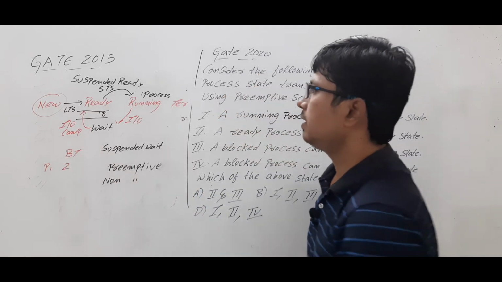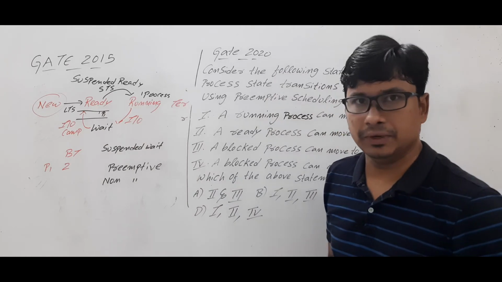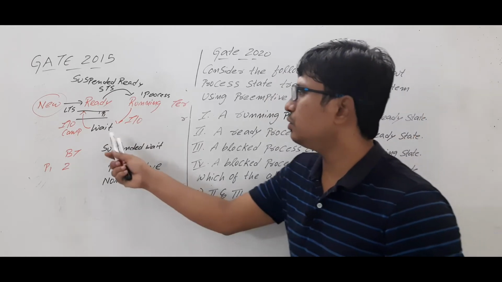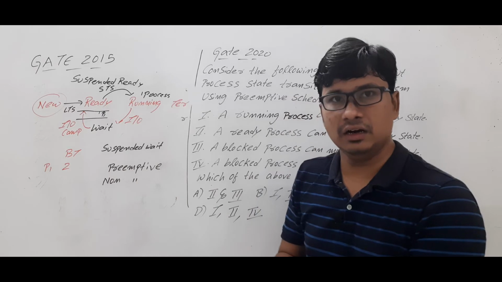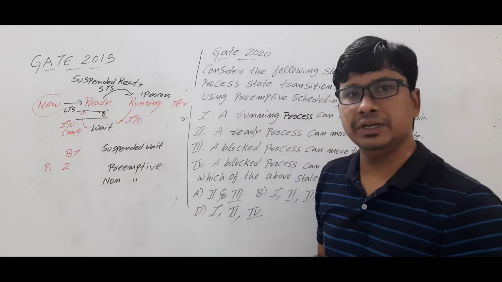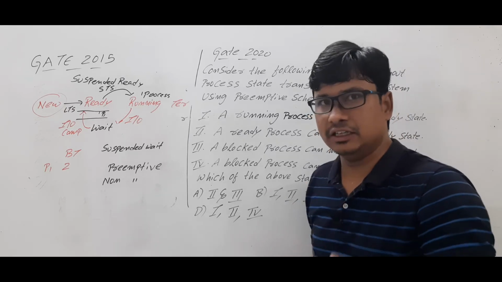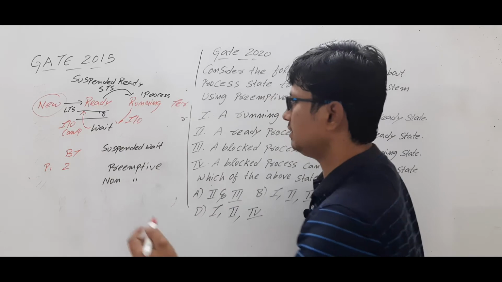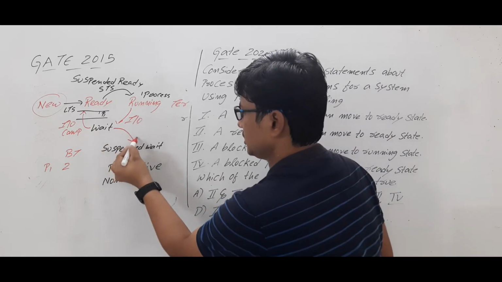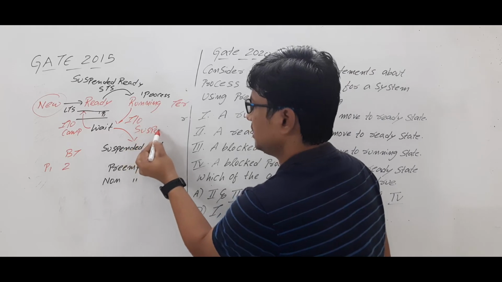Now ready, running and wait will be in the main memory, which is limited. So if all the processes need IO operations, then the wait queue will be full. If the wait queue is full and any other process wants IO, it will go to the suspended wait, meaning the suspended state.